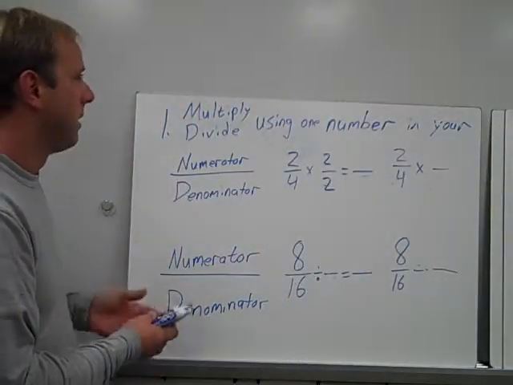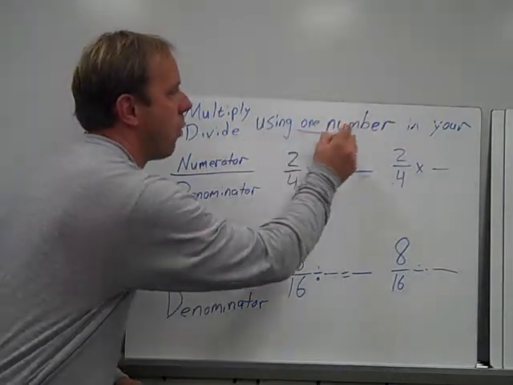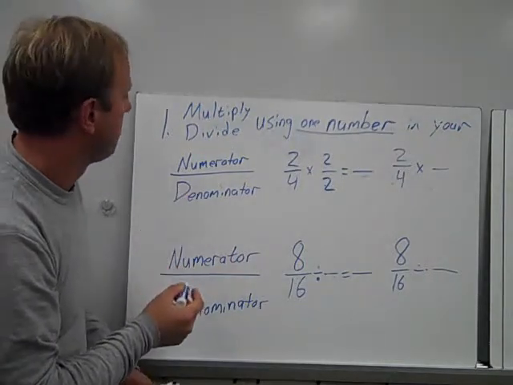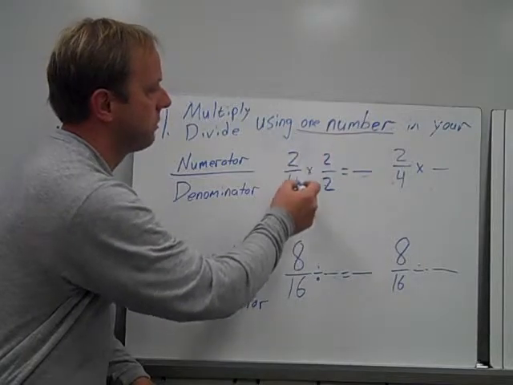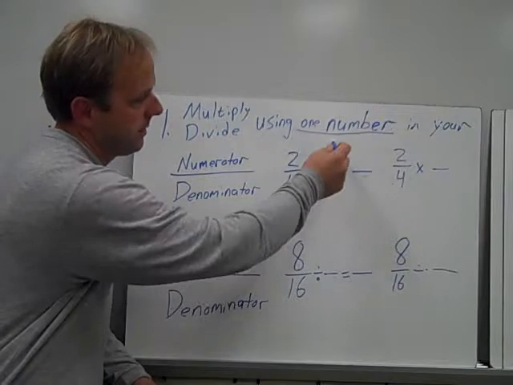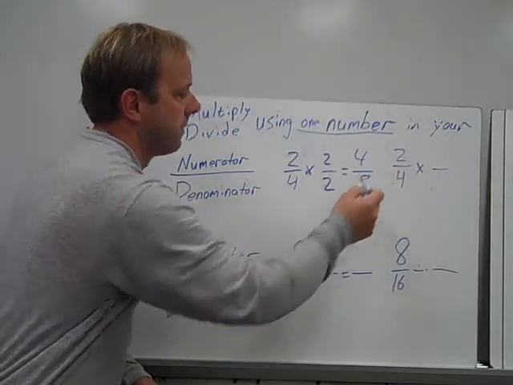Now, as I said previously, multiply or divide using one number in your numerator and denominator. Here I'm going to have it look a little different. 2/4 times 2/2, which was the same thing that we did before, is 4/8.